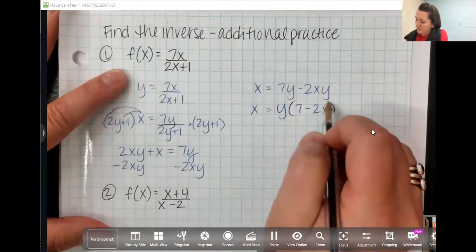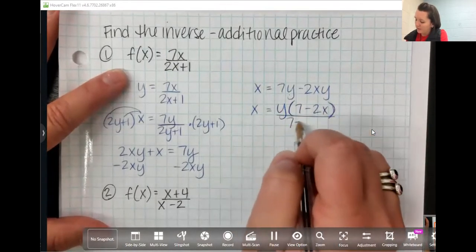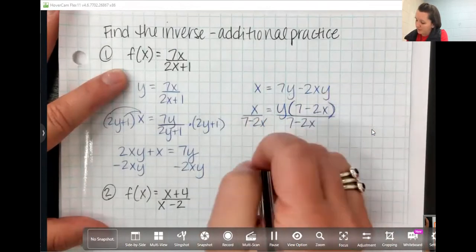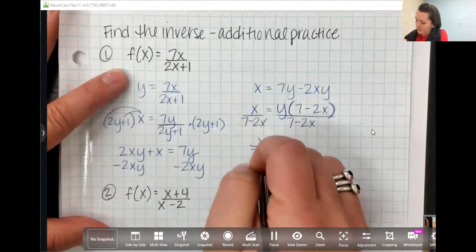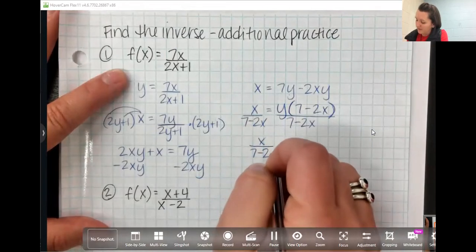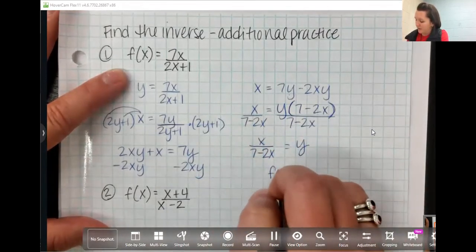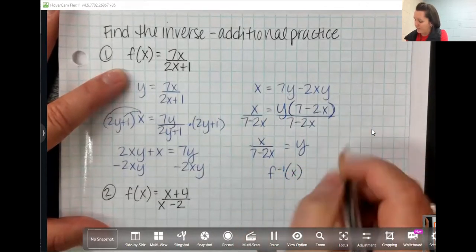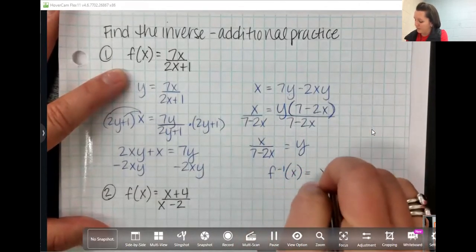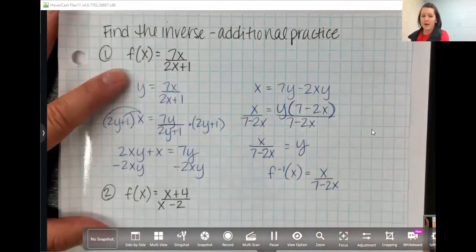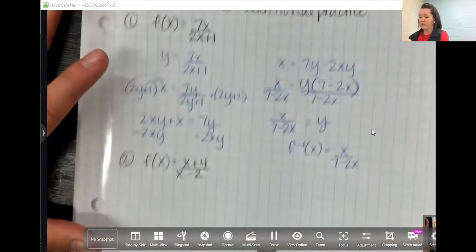Now we're going to get rid of this binomial by dividing the whole thing, very similar to the one that we did on the review. X divided by 7 minus 2x equals y. Replace it with the inverse function of f, and then it equals x divided by 7 minus 2x. After I finish all 3 of them, we'll verify on the graph together.